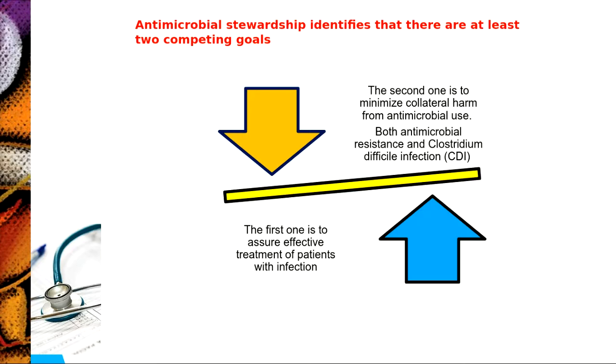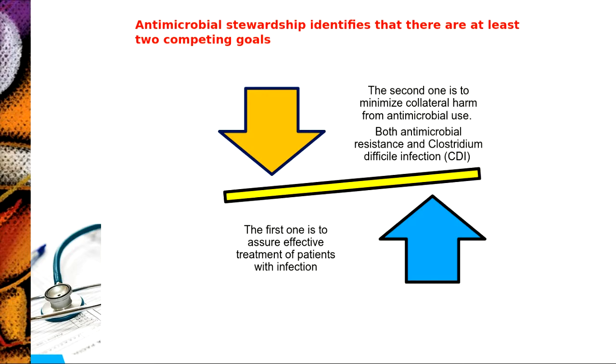The first one is to assure effective treatment for the patient with the infection, and the second one is to minimize collateral harm from antimicrobial use, both antimicrobial resistance and Clostridium difficile, and the side effects of antibiotics, like for example QT prolongation, C. difficile diarrhea, etc., and fungal infection, superinfection, etc. Because if you overuse antibiotics, it will lead to all these side effects.